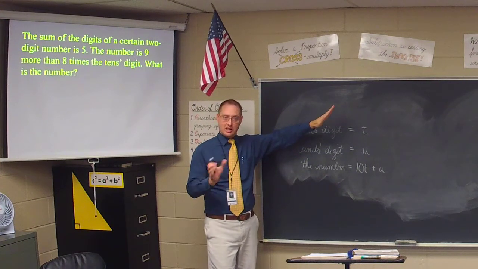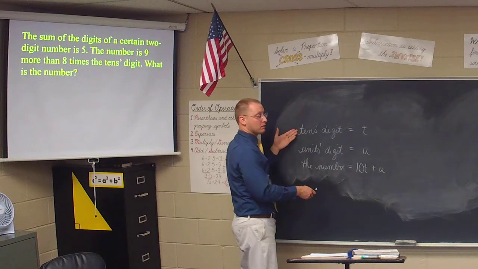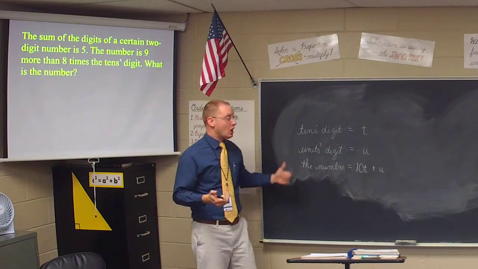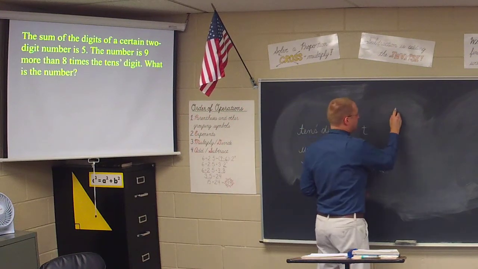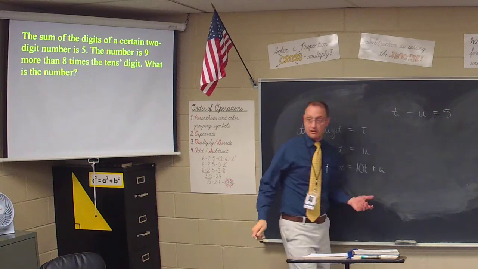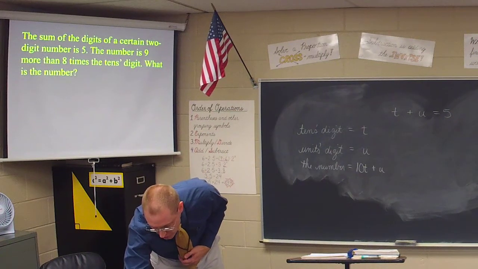The value is not 6 and 8, but those are the digits. The tens digit class is simply t, and the units digit is simply u. So if it says that the sum of the digits is 5, that just means t plus u equals 5. Seems fairly straightforward, right? Questions?